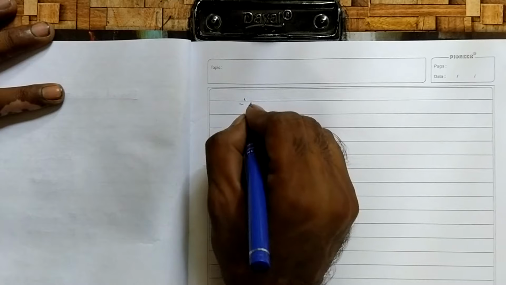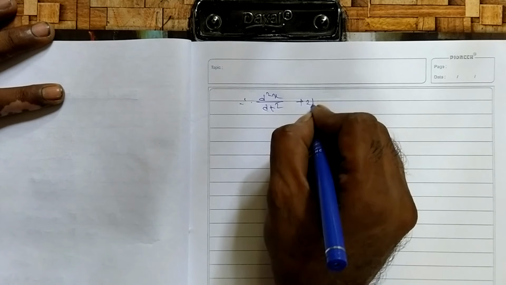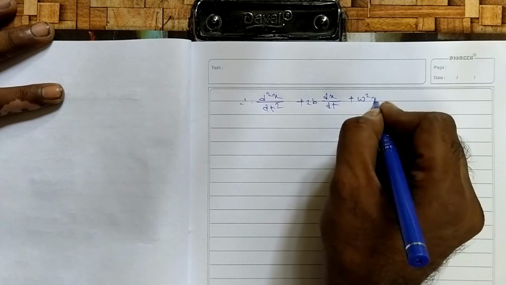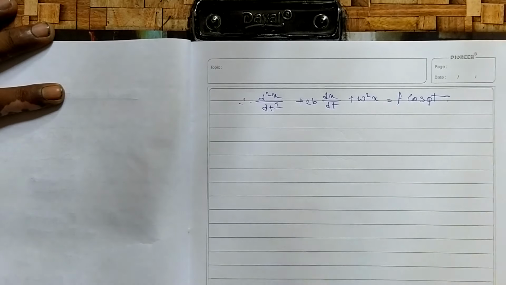So the equation becomes d2x/dt2 plus 2b dx/dt plus omega square x is equal to f cos pt.